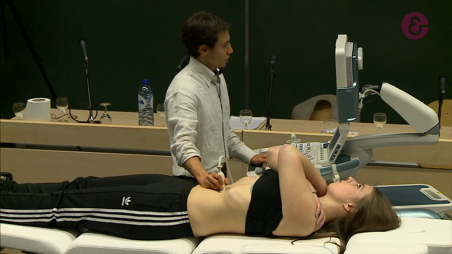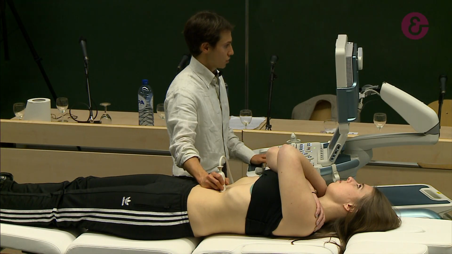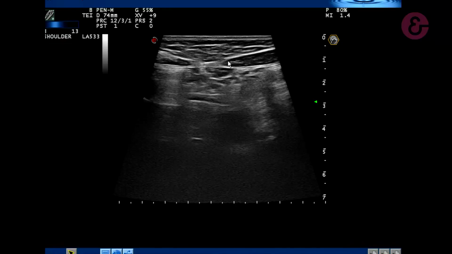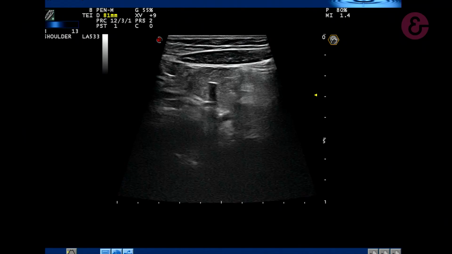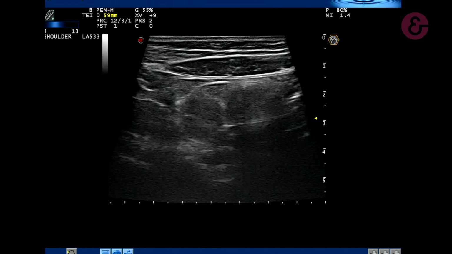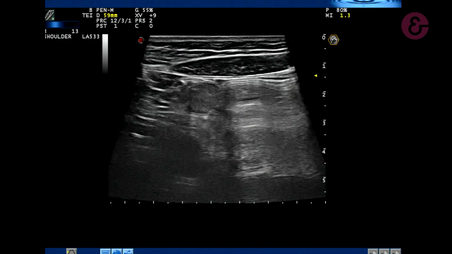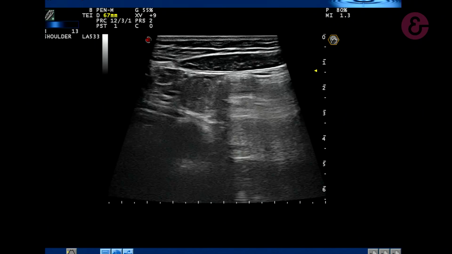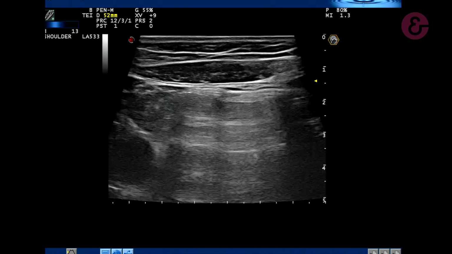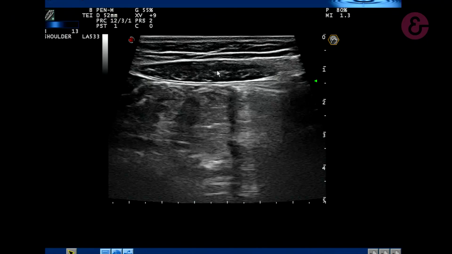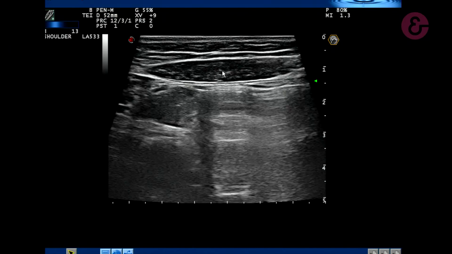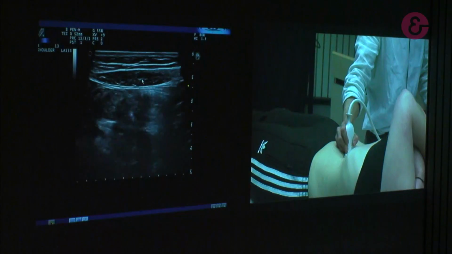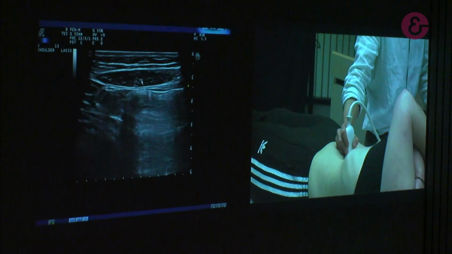On the side, I can see two muscles, and this is the rectus abdominis muscle. So if I move in one direction, I can recognize this muscle here as the rectus abdominis muscle, and this is a very typical transverse image of a muscle with the fibers like dots and lines.